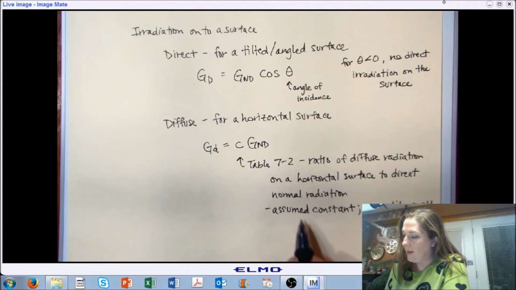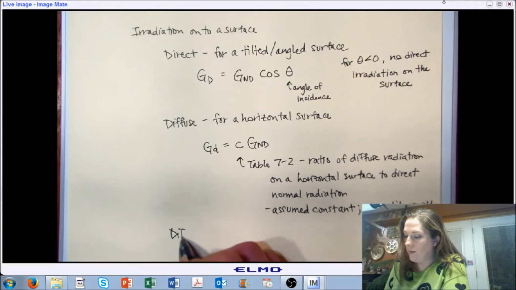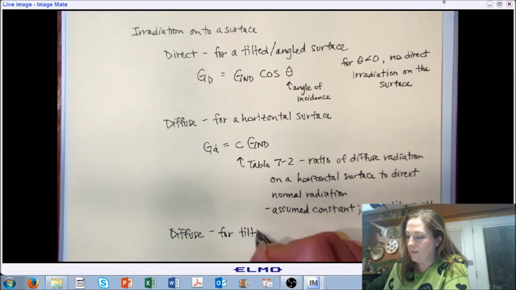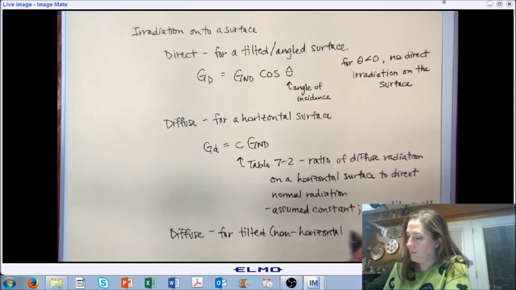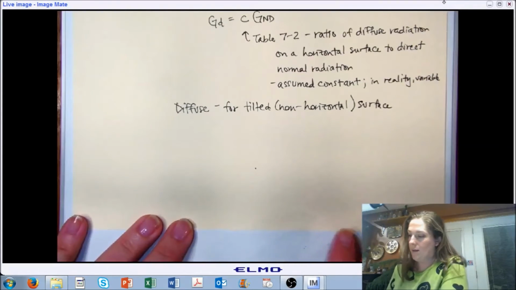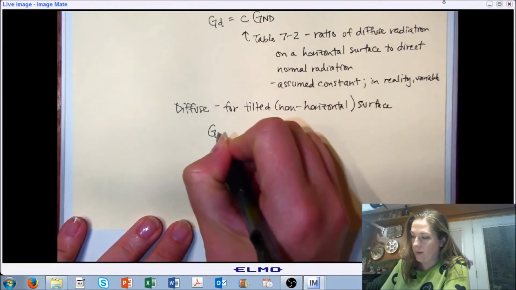Okay, and then if we want our diffuse for a tilted surface or a non-horizontal surface, then we need to make a correction.